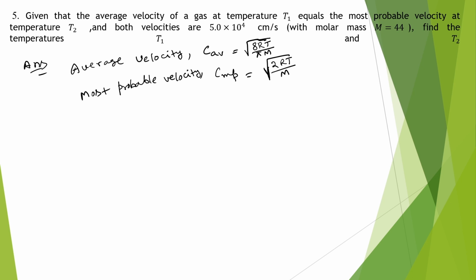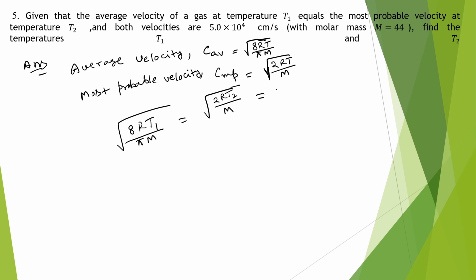Now, what does the problem say? Given that the average velocity of a gas at temperature T1 equals the most probable velocity at temperature T2, so square root of 8RT1 by pi m is equal to root over 2RT2 by m.